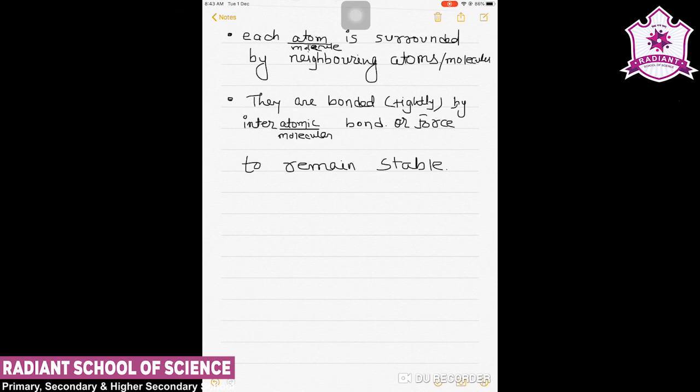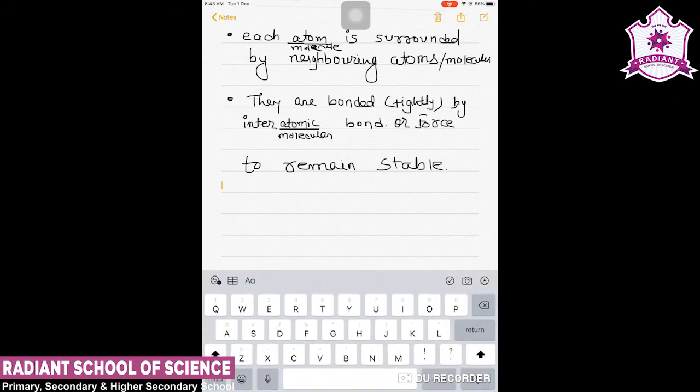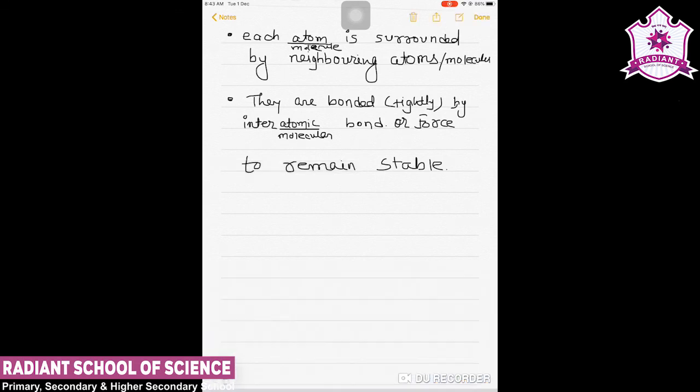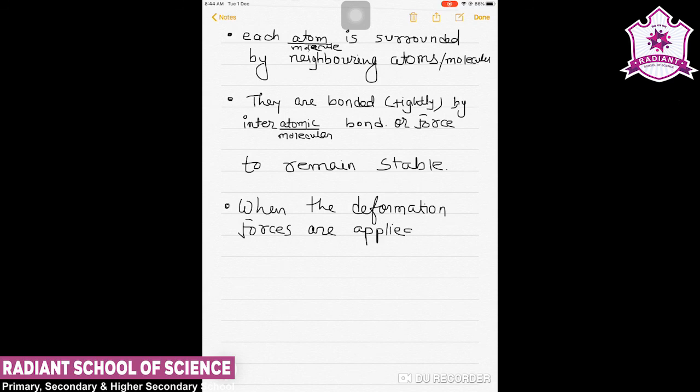So when deformation forces are applied, the distance between them changes.